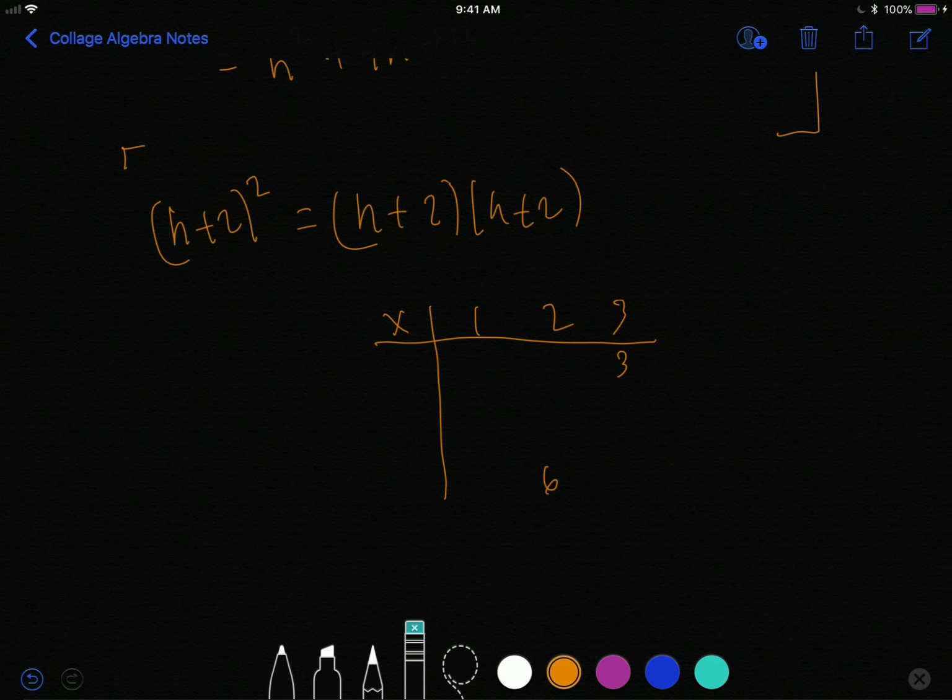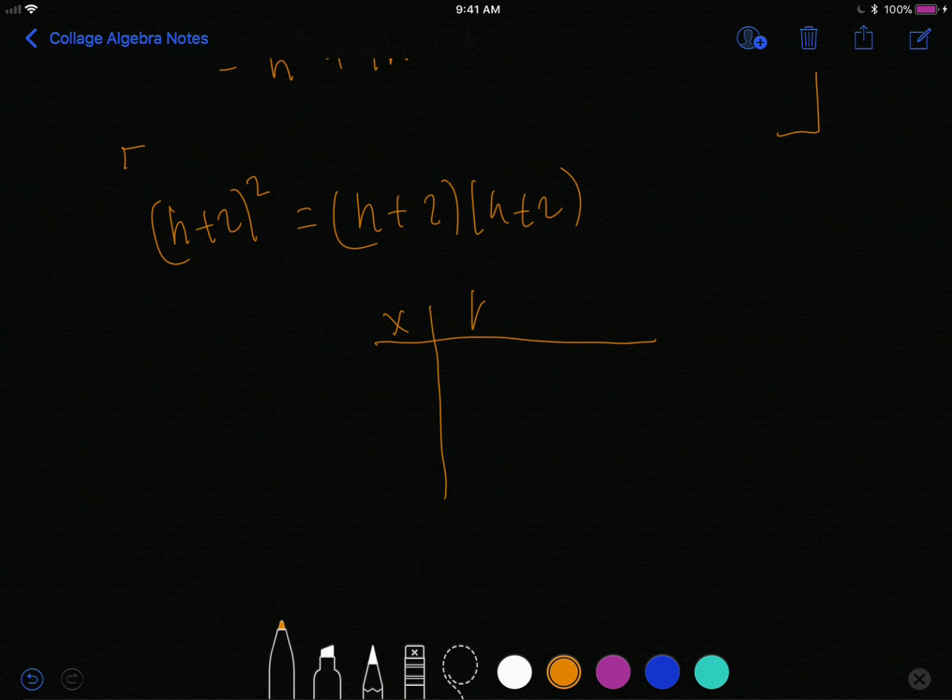You put the first h plus 2 up here, and the second h plus 2 down here, and then you just multiply. H times h is h squared.